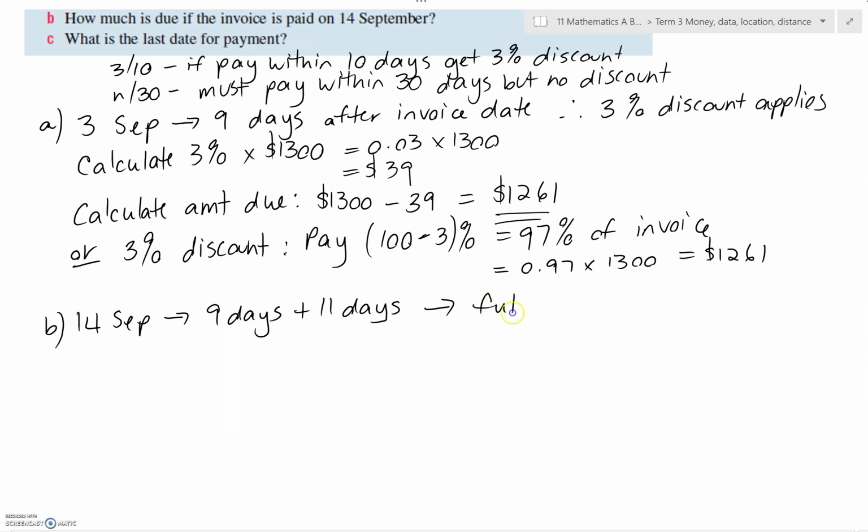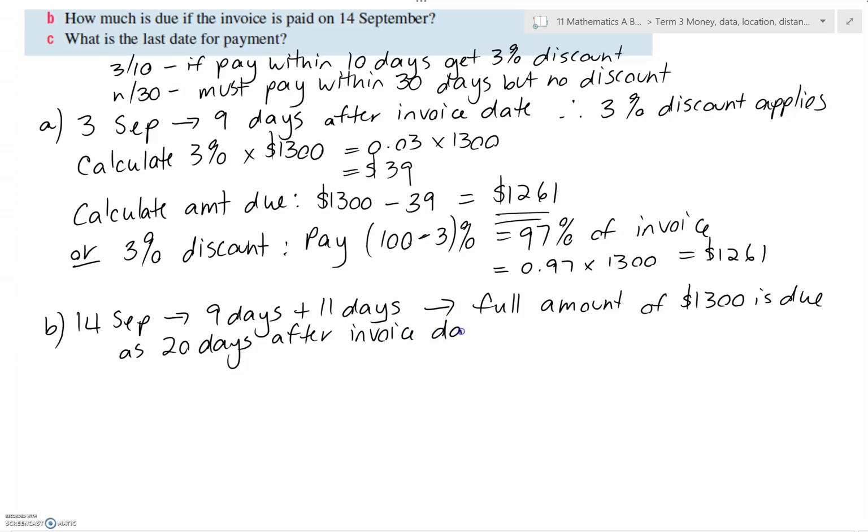Therefore, the full amount of $1,300 is due, as it's 20 days after invoice date. Therefore, no discount.